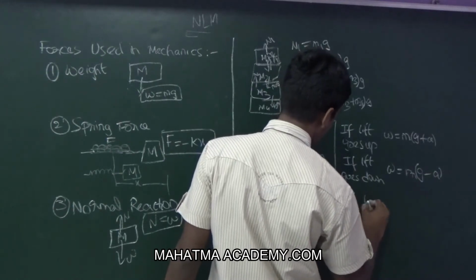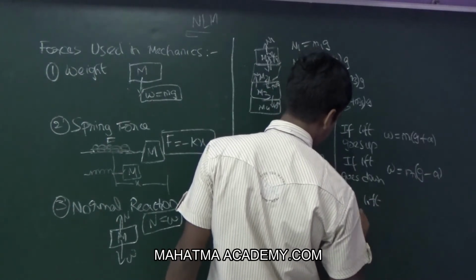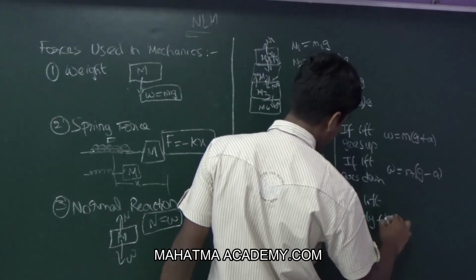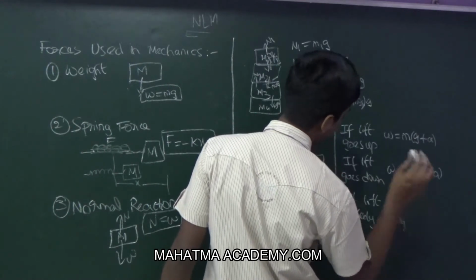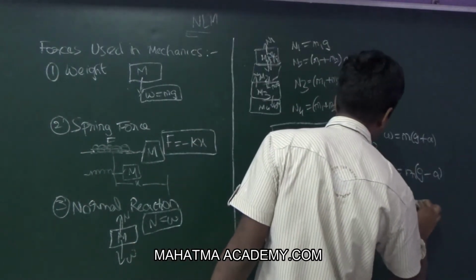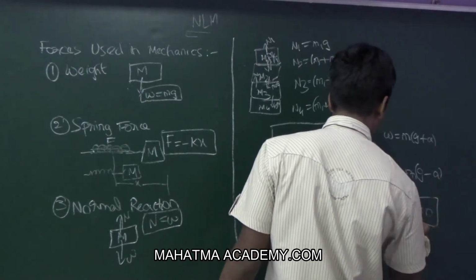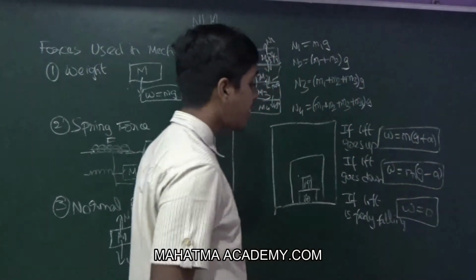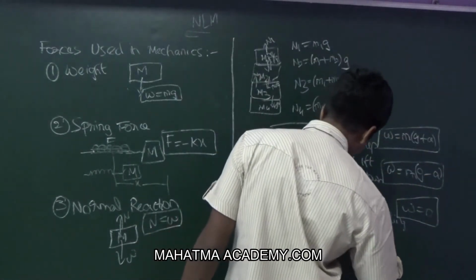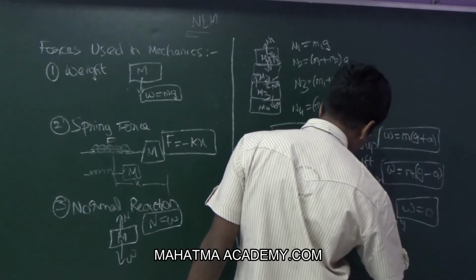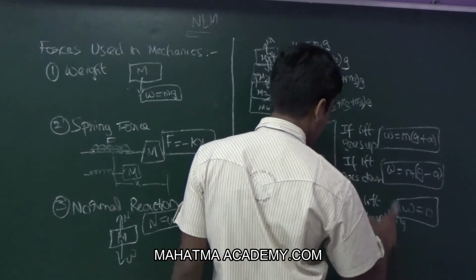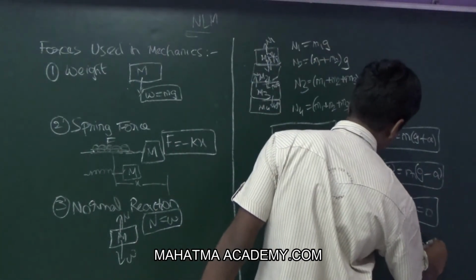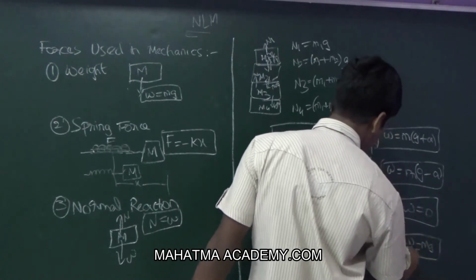If the lift is freely falling, so A is equal to G, W is equal to 0. And if acceleration is equal to 0, that means at rest, so weight is equal to mg, the same force.